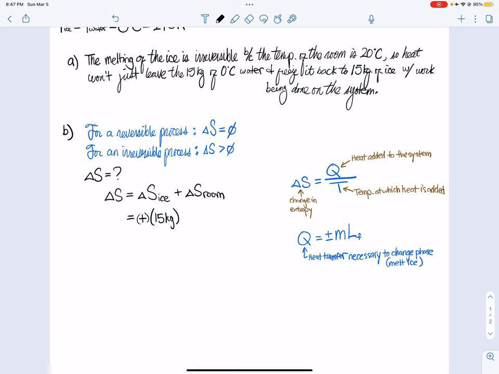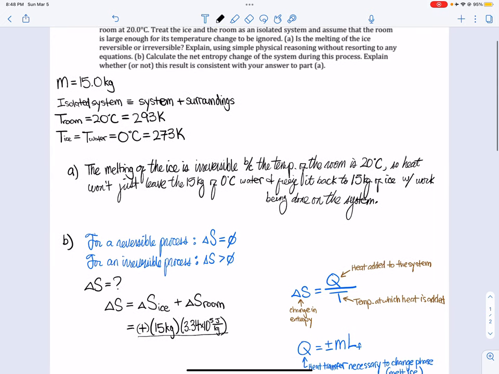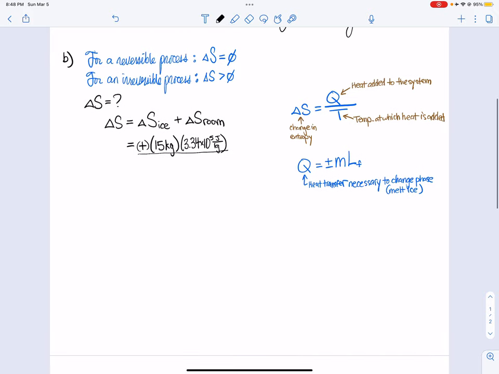Times the latent heat of fusion, and the latent heat of fusion for water is 3.34 times 10 to the 5 joules per kilogram. And I'm going to divide that by the temperature of the ice, and in this problem that's constant, so that is 273 Kelvin.